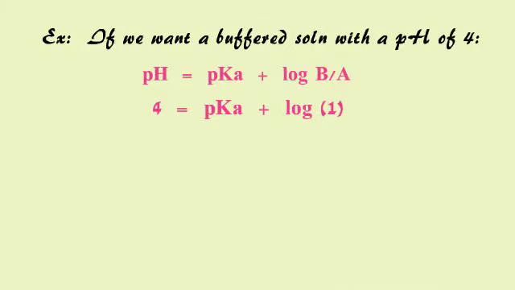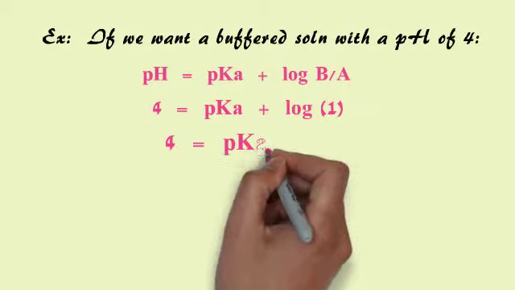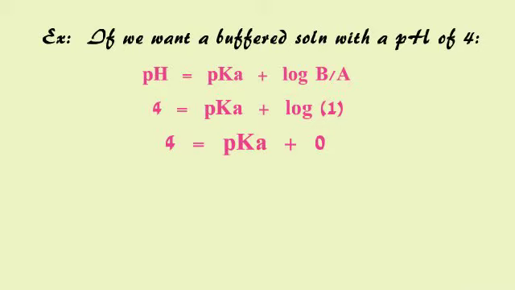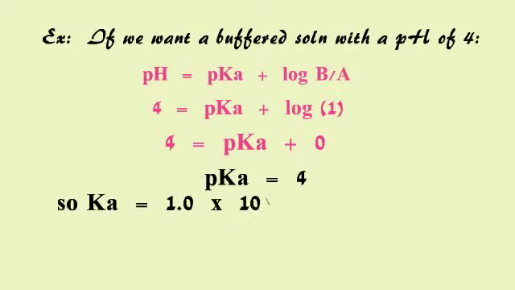Therefore, 4 should equal pKa plus 0. Log of 1 is 0. So pKa equals 4. And so Ka is 1 times 10 to the negative 4th. This is for a weak acid. Hey, that works out.